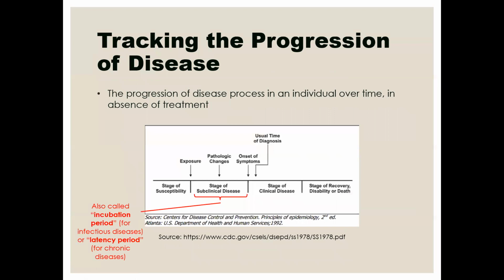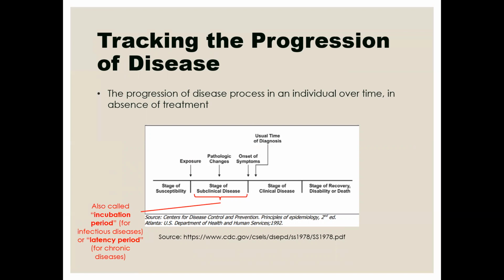And then we track stages of disease. So again, remember, incubation is when someone is infected with a disease, but may not necessarily have symptoms, so might be subclinical. And then we call it latency, right? You may have the chronic disease, but not be aware of it. So that's important to know, right?